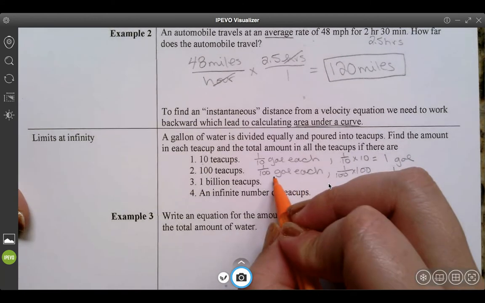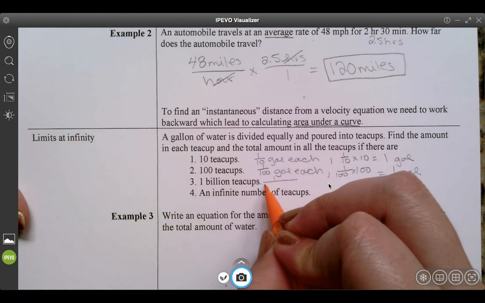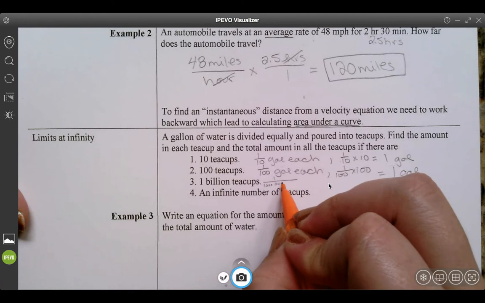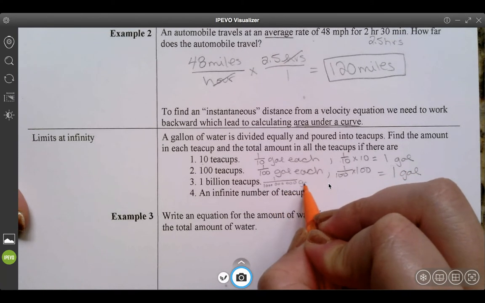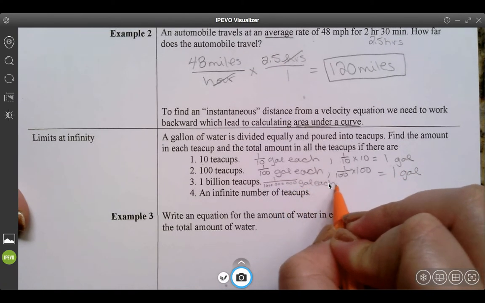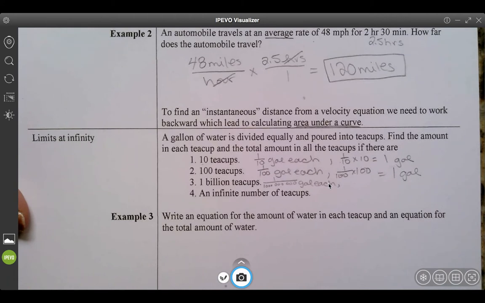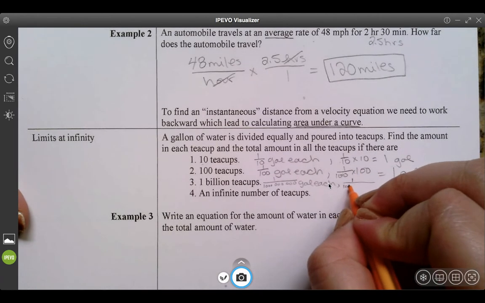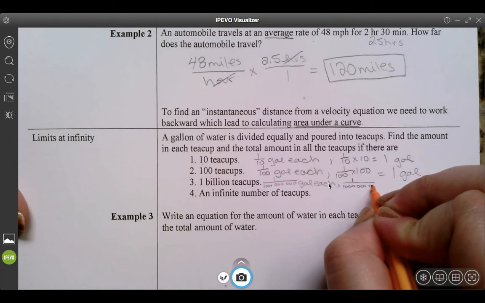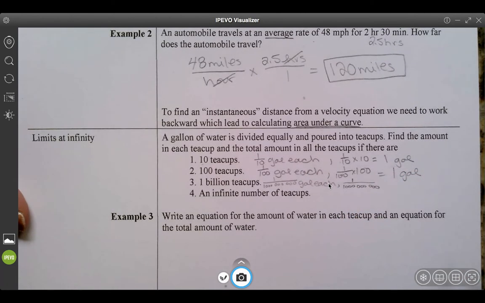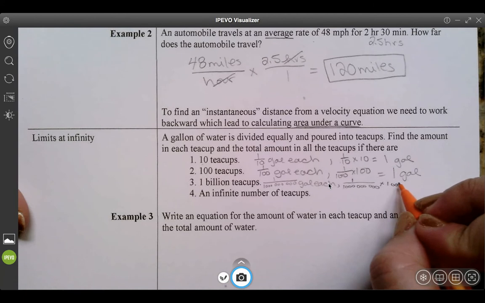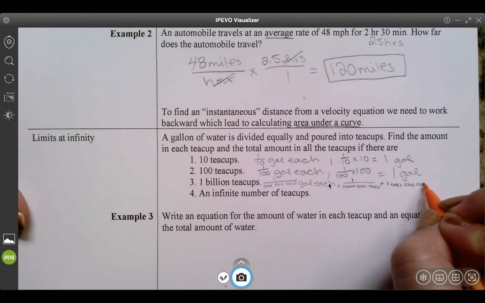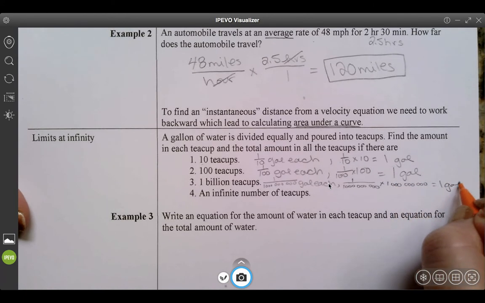Well, now I have 1/1,000,000,000th of a gallon in each teacup, which means how much water do I have altogether? Well, 1/1,000,000,000th of a gallon in each teacup times 1 billion teacups gives me 1 gallon.